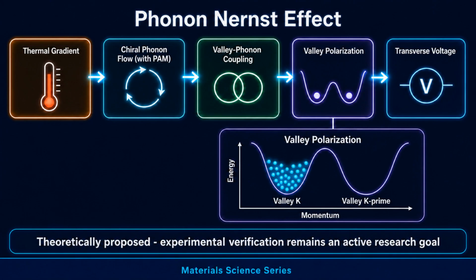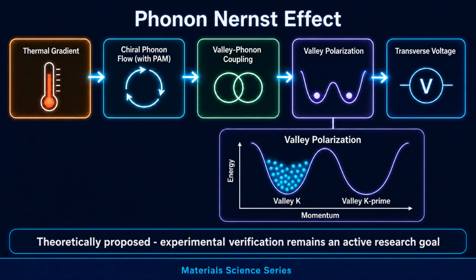The phonon-Nernst effect is a theoretically proposed phenomenon where a transverse voltage could be generated from a thermal gradient through a chain of processes. In this model, a temperature gradient drives chiral phonon flow carrying net angular momentum. Valley-phonon coupling would transfer this angular momentum to valley carriers. The resulting valley polarization could induce a transverse electric field through the Valley-Hall effect.